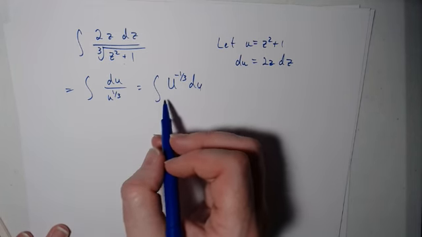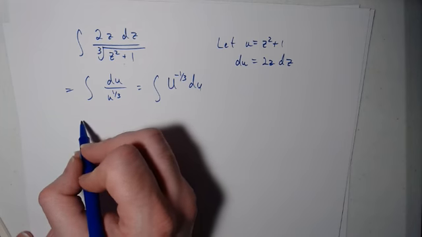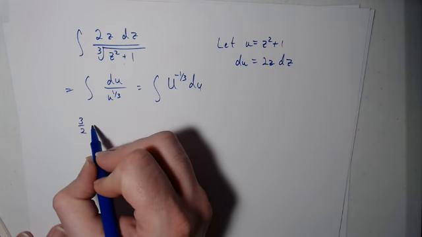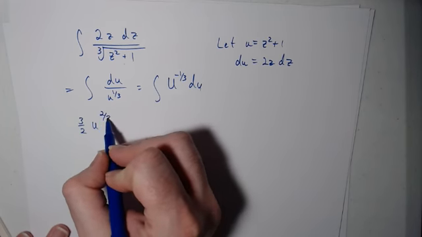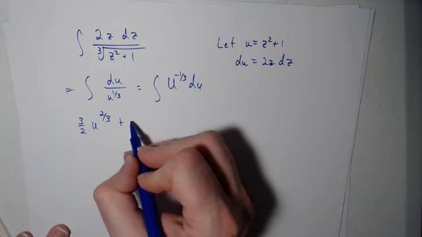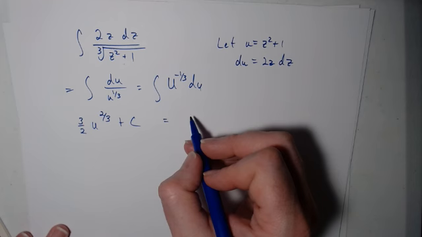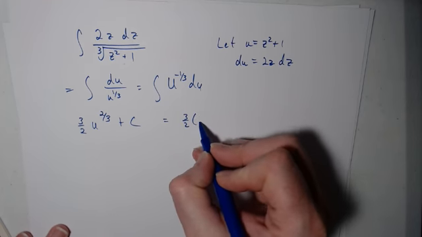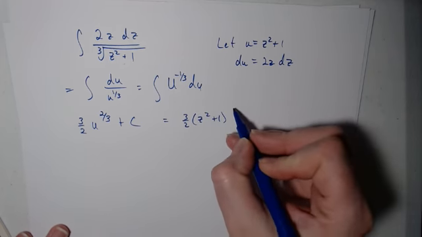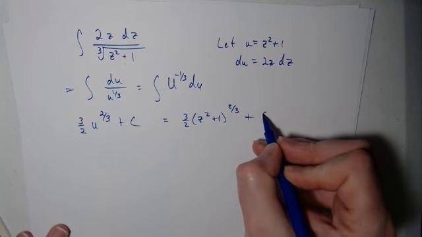So the antiderivative here is going to be 3/2 u to the 2/3 plus c. And when we substitute back in, we get 3/2 z squared plus 1 to the 2/3 plus c.